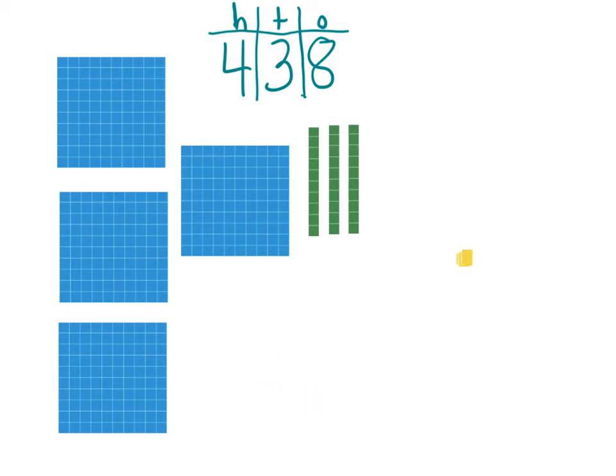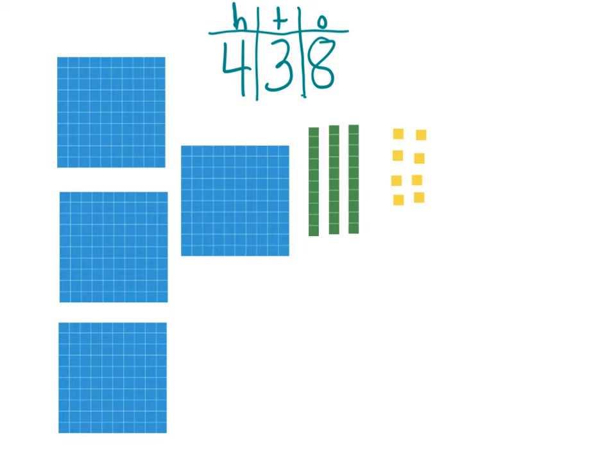And last we need 8 ones blocks. 1, 2, 3, 4, 5, 6, 7, 8. So now we have 438 with our base 10 blocks.